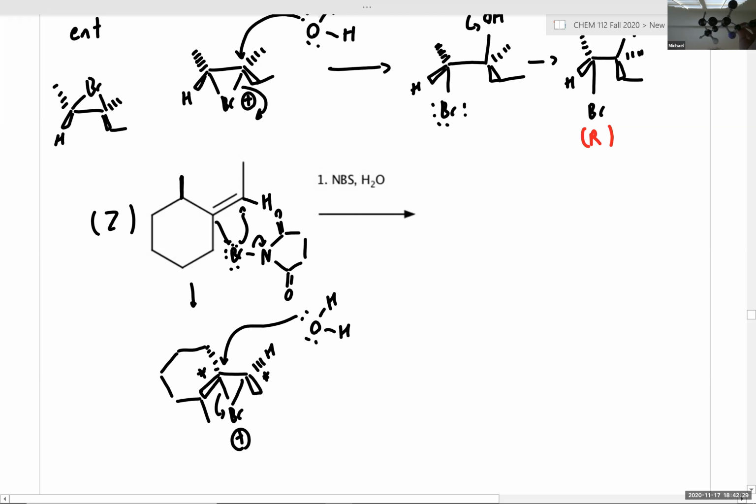So we open up our halonium intermediate via attack from the top face on the left-hand side. So we pop open our halonium intermediate, and that in turn gives us the following product. Now all we have to do is draw what we see.